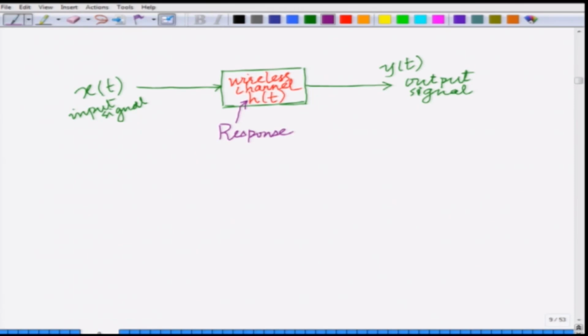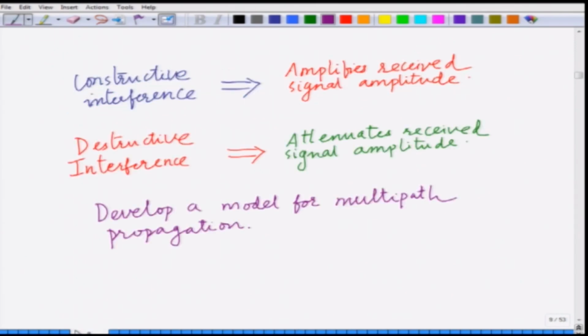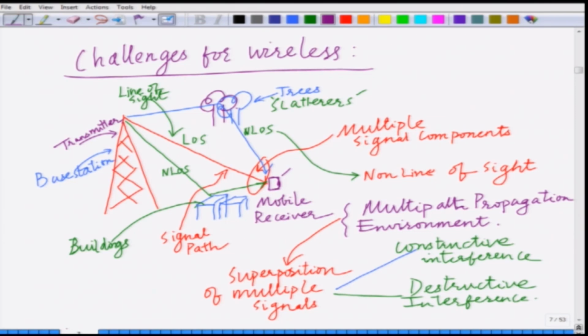Now, therefore, we would like to develop a model for the impulse response of the wireless channel, that is h(t). And we can observe from the wireless environment that it is a multipath propagation environment, and each path is characterized by two aspects. One is the delay because of the propagation, the other is the attenuation which arises from the scattering.